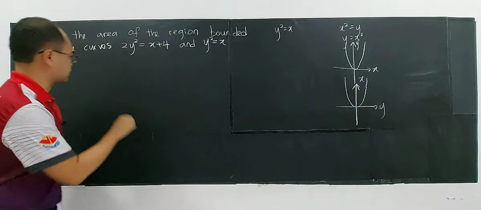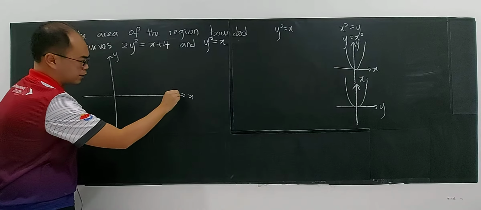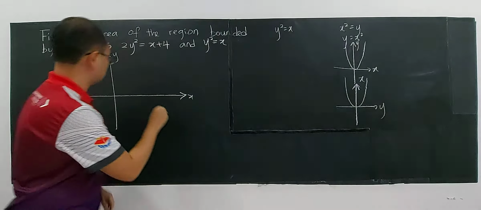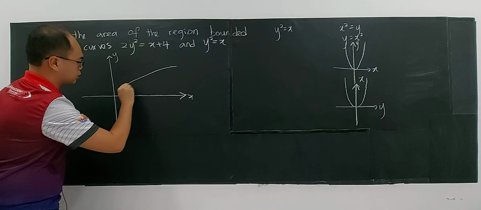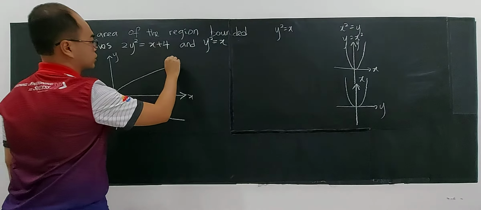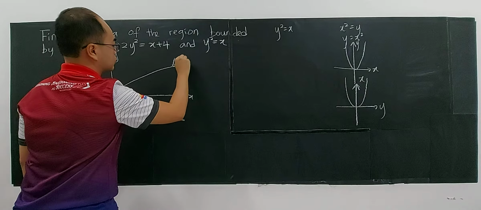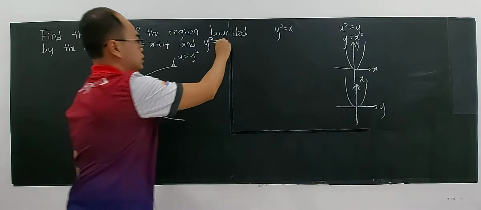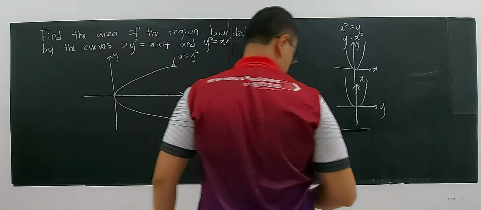I have y and I have x here. Can you see? The arrow is here, they are facing with the arrow. So then I know that it will be here. This will be the graph for x equals y squared, right?